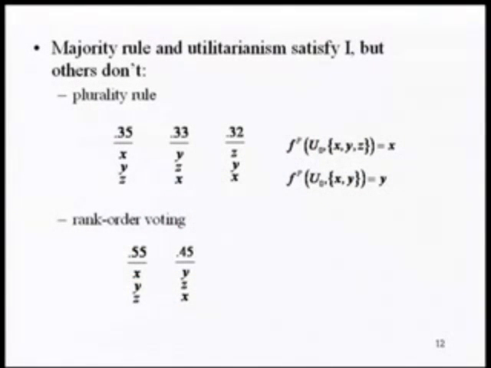Here's a little example where the population divides in 2. 55% have the ranking XYZ, the other people have the ranking YZX. Y gets elected because although Y is in a sense in a minority, 45% of people put X all the way down at the bottom.